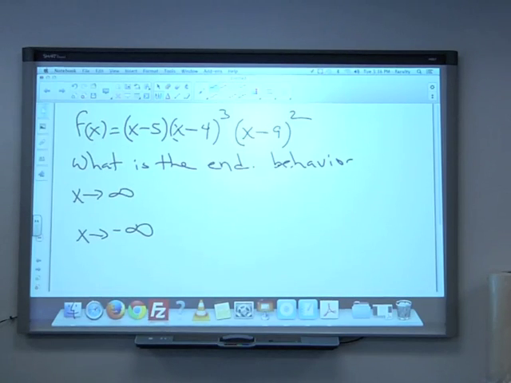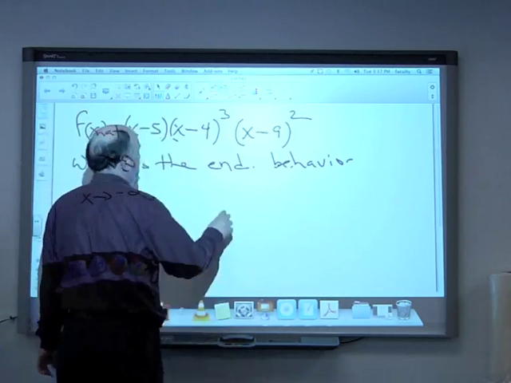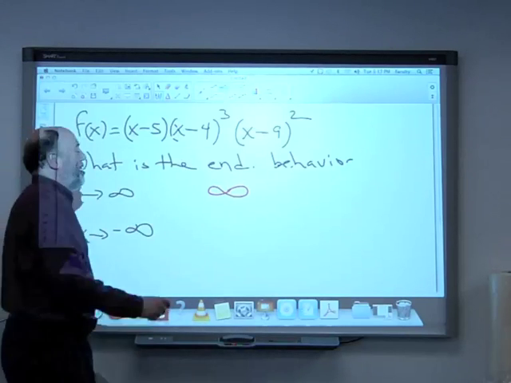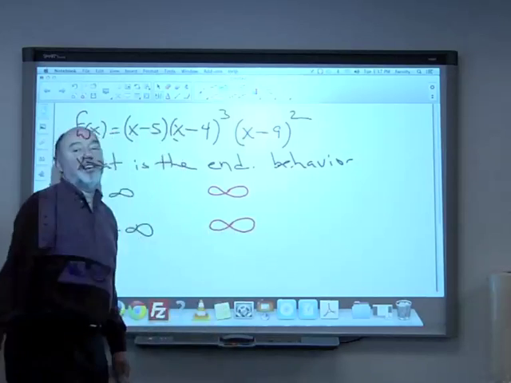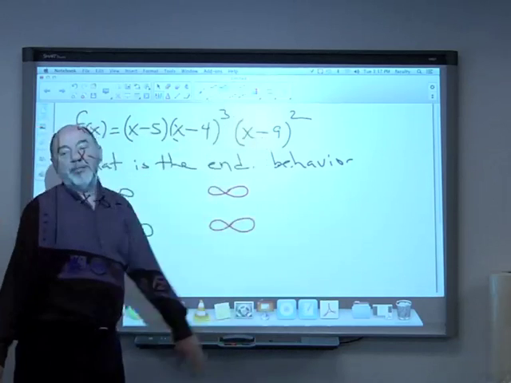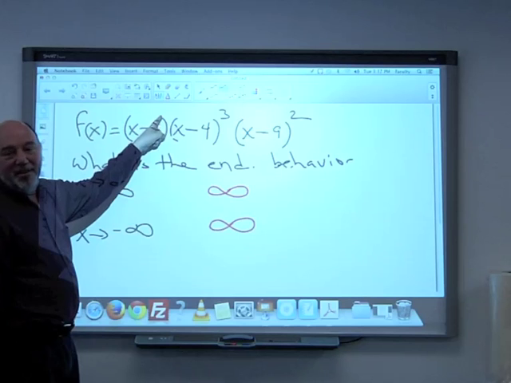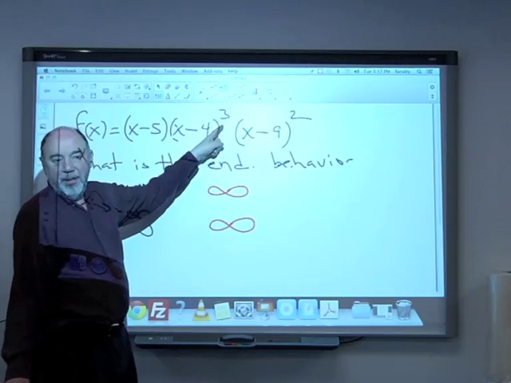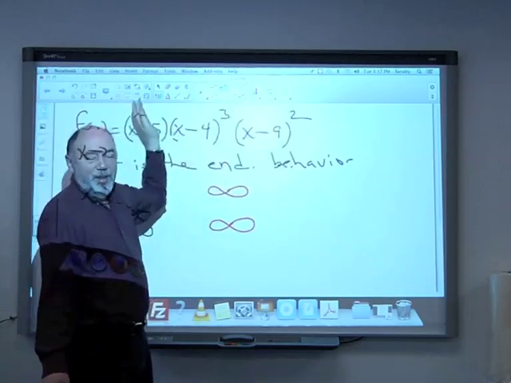As x goes to infinity, this is heading where? Infinity. How about negative infinity? It's also going to be infinity in this case. Every one of my parentheses contains the x term. What is the exponent on this one? It's a 1. What's the exponent here? What is 1 plus 3 plus 2?